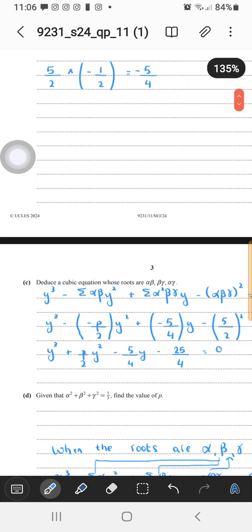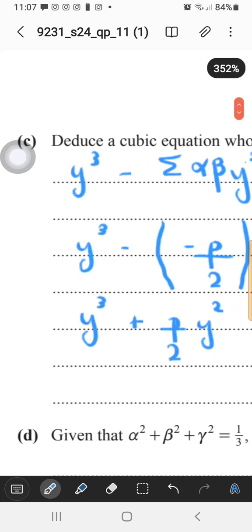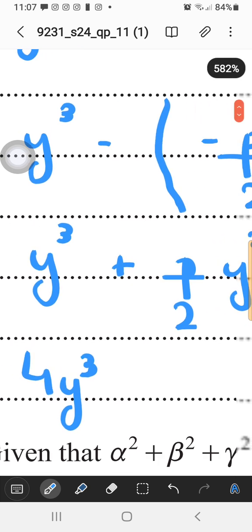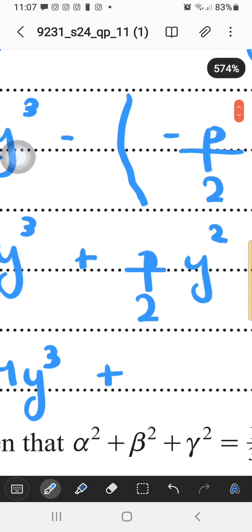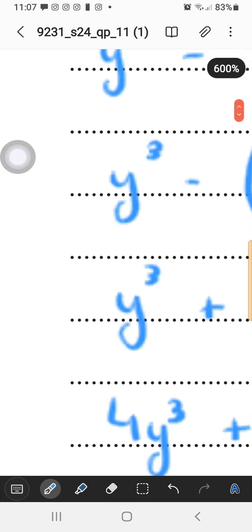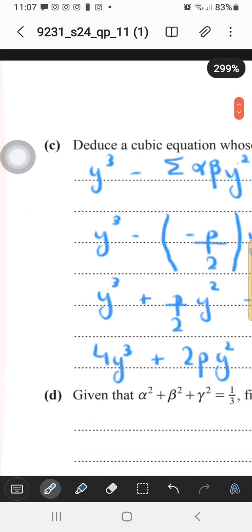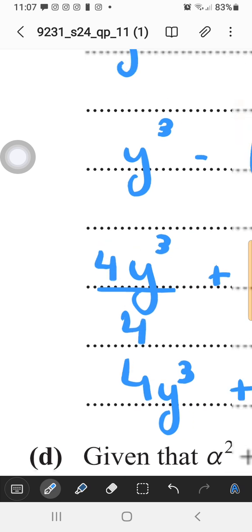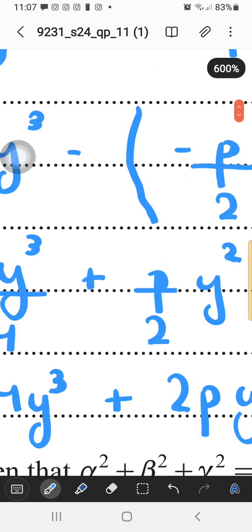Now simplify this by having no denominator. Okay, so we want to get rid of the fraction. So you multiply this with 4y cube, and then we will get 2py square. Let me tell you why. We want 4 as a common denominator, so we write 4 here, so multiply with 4 also, so that's why 4y cube.